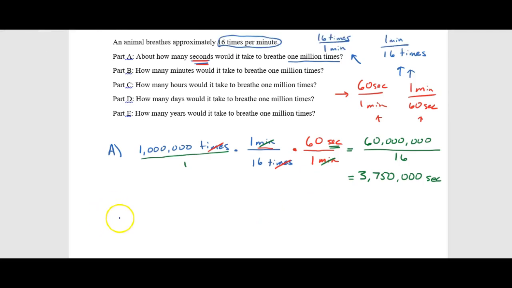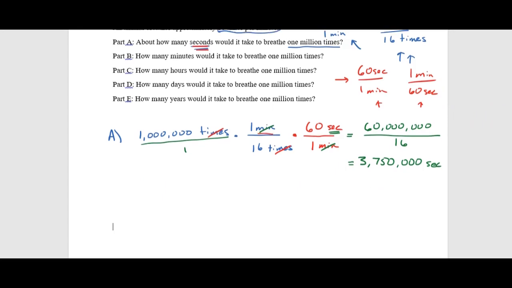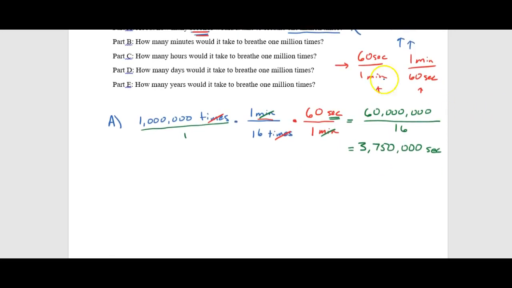Question B is going to be solved in a very, very similar way. If we look at question B, I'm going to scroll down a little bit to give myself some more room, but question B wants to know how many minutes. I want to know how long it will take for 1 million times, just like before. So I'm going to start with 1 million times, and then I'm going to multiply it by some ratio.